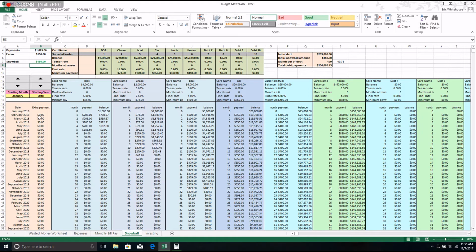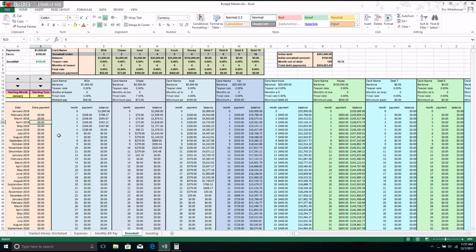But let's say something happened in March and you couldn't pay the 150. You could actually come in and say, well, I only paid 100 that month. You could come in and put minus 50 and adjust it. Honestly, that's going to happen less than the other way.